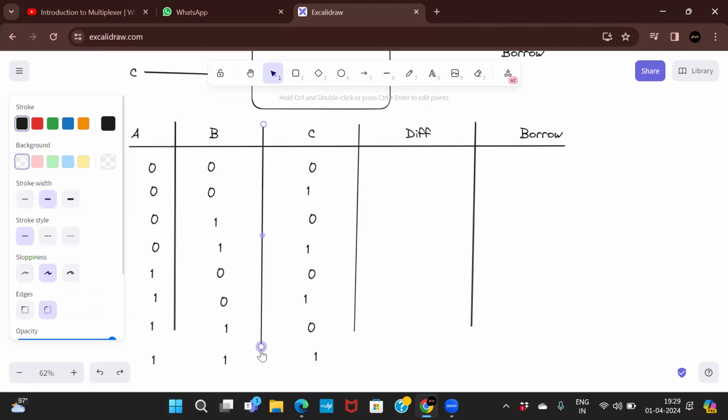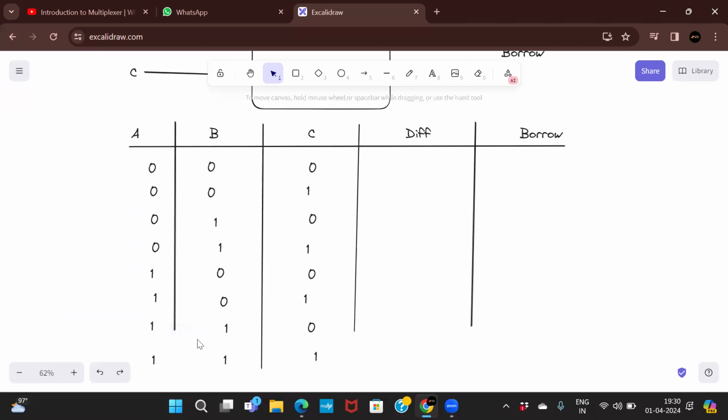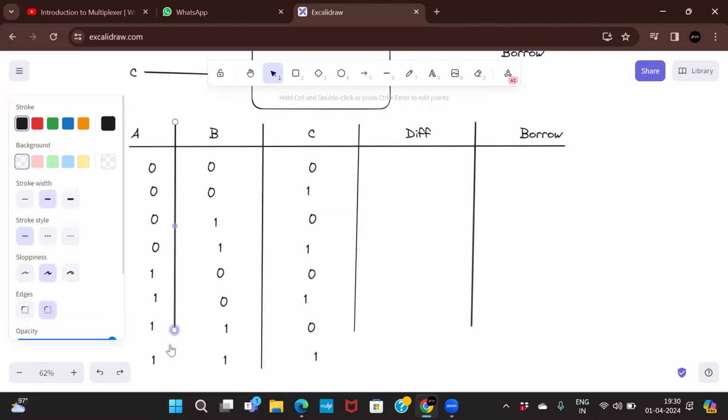Okay, please pay attention. It requires full concentration to understand the functionality of this truth table and the functionality of the output and input.